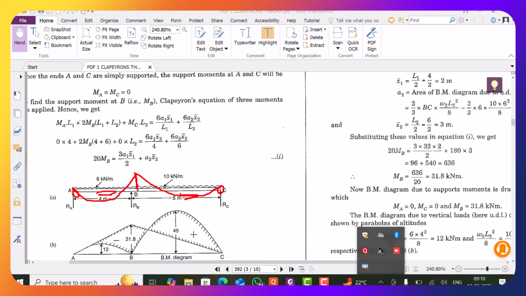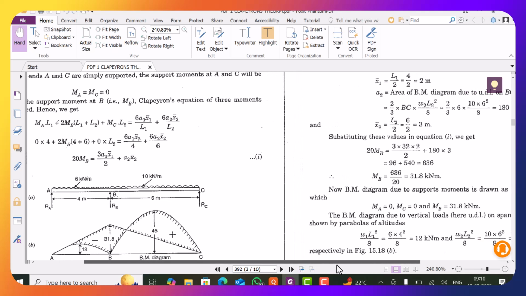So in this way MA and MC are now equal to 0. So your 3 unknowns have converged into a single one, as MA and MC are equal to 0.